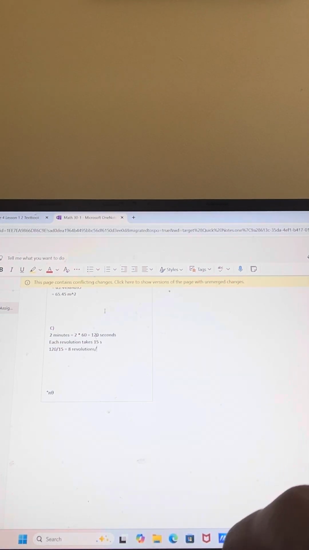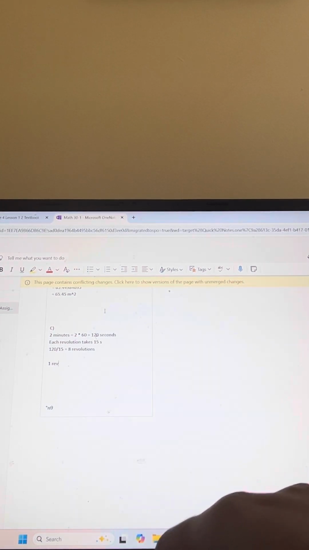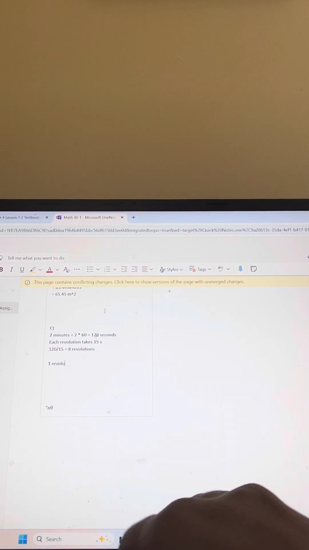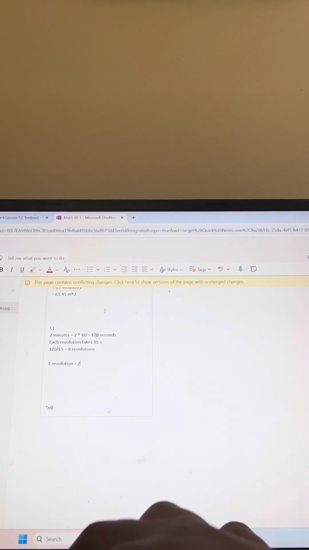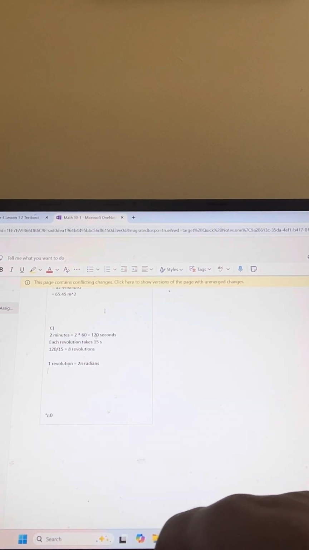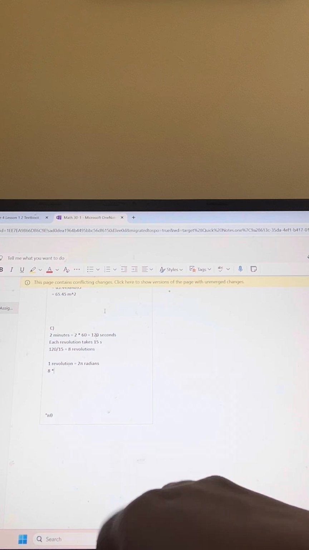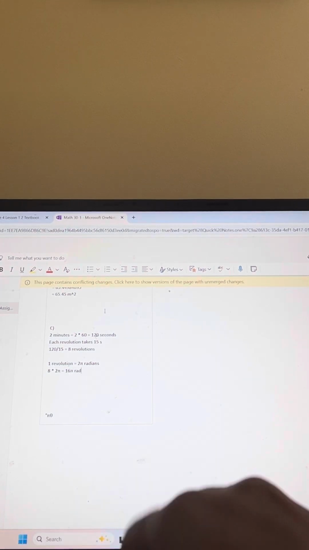And now we have to express this in radians and degrees. So 1 revolution is equal to 2 pi radians. So we're going to do 8 times 2 pi, and then we're going to get 16 pi radians.